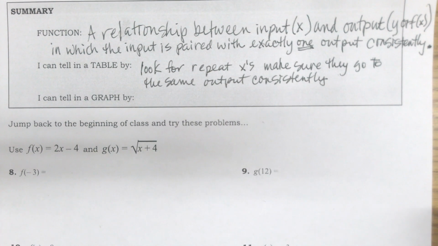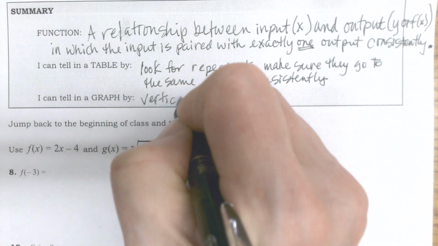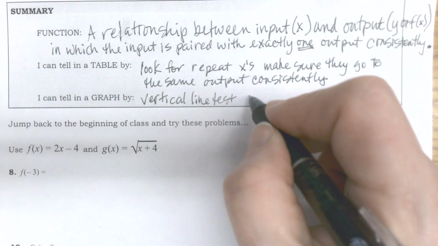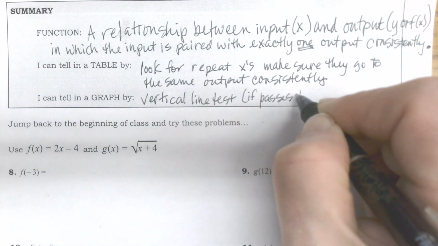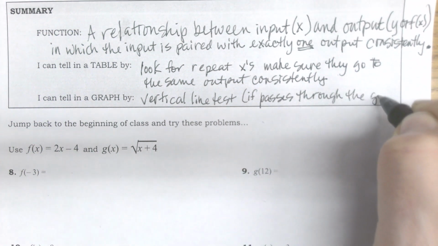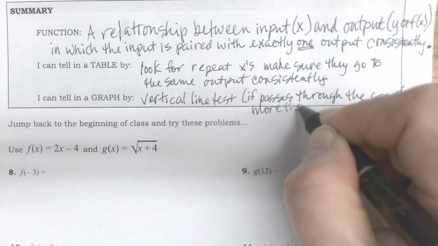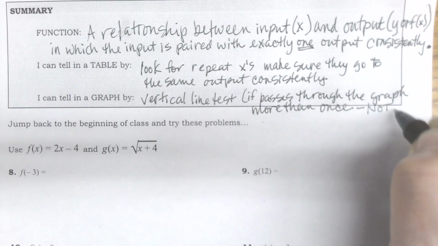And how can I tell by a graph? Vertical line test. If it passes through the graph more than once, then it's not a function.